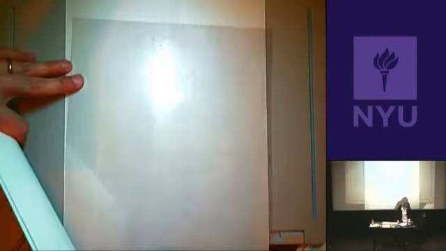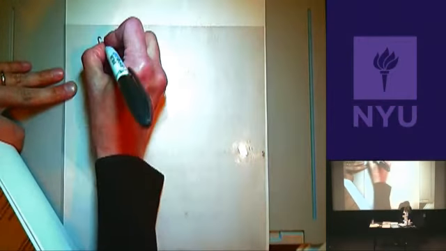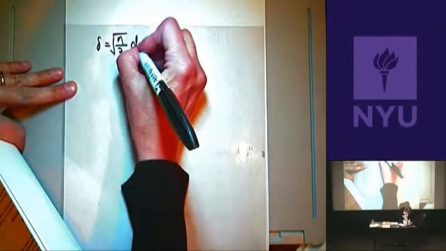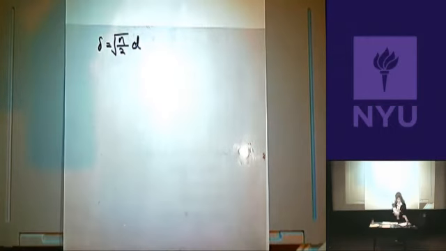Just to remind ourselves, this is delta. D was effect size, and N is sample size. So those two things, effect size and sample size, go into delta. What happens as N increases?